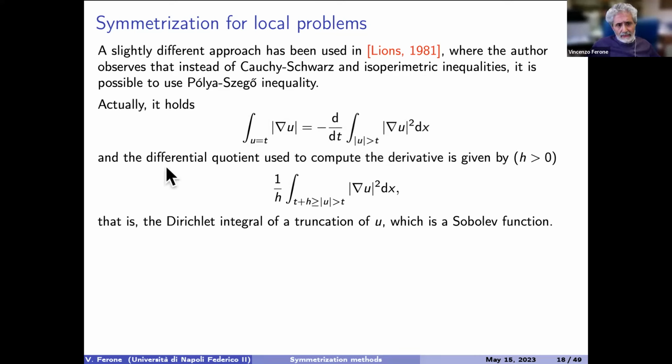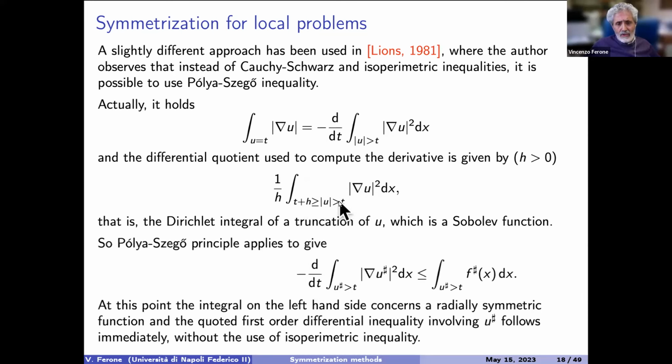Being a derivative, it actually comes out from a differential quotient, which can be written in this way. And so this can be seen as the integral of the energy of grad u squared of a truncation of u, because this integral is computed where u is between t and t plus h.